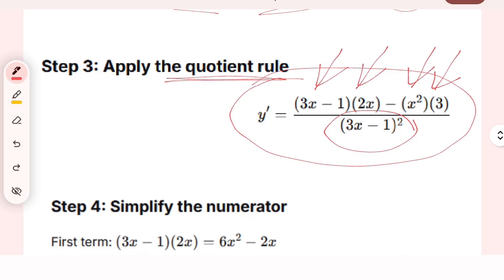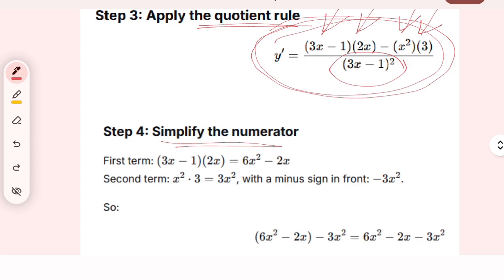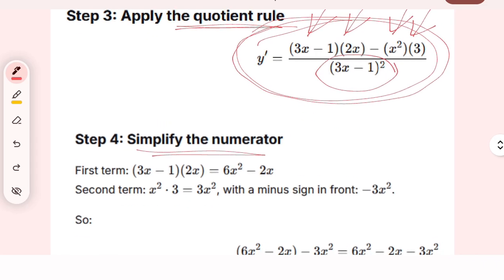If you know how to multiply polynomials, and how to divide and simplify them, then you're good. Once you reach this point, all you need to do is simplify the numerator.